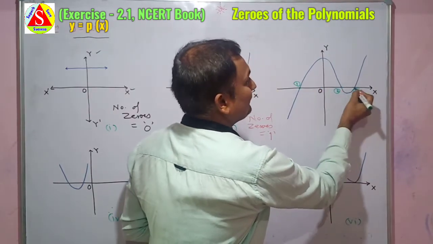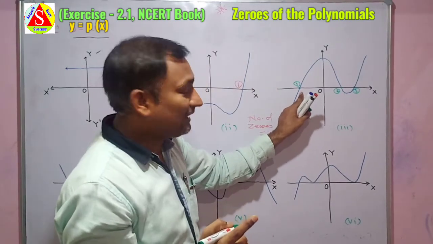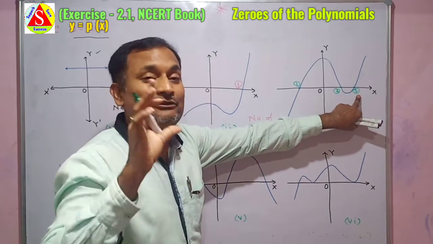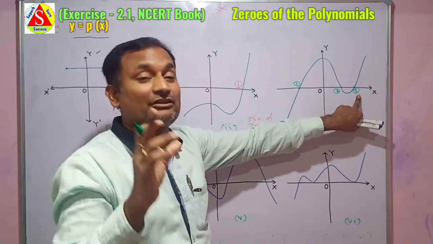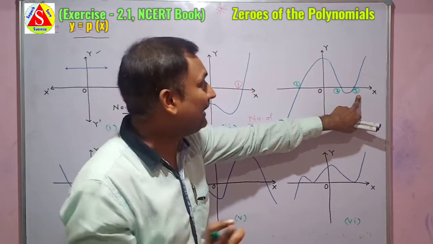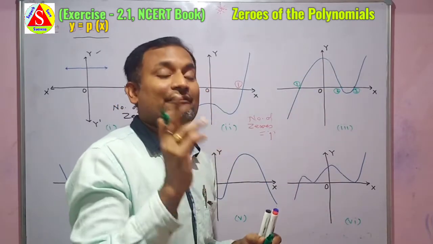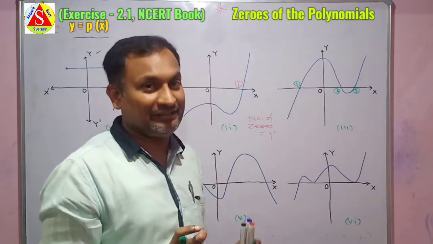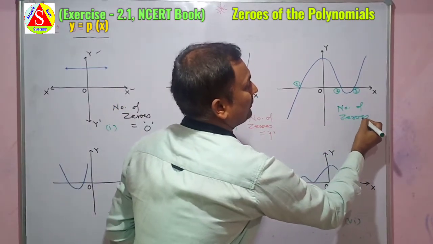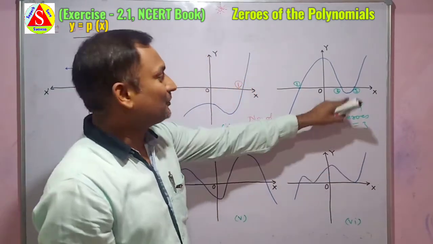We have to see only the intersection with the x-axis, just keep it in your mind, because the graph also intersects the y-axis, but we have to see only the x-axis intersection points. The number of zeros for this graph will be 3.